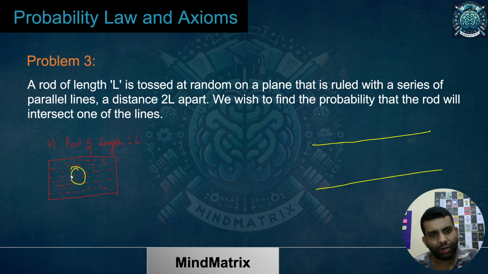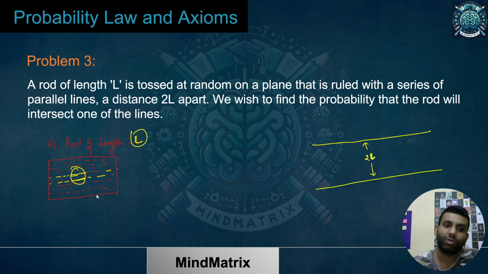I'm talking about this particular portion, these two lines. Because there were a number of parallel lines, I'll just pick one pair, and it is being told that the parallel lines are at a distance of 2L. A rod is already given which has length L, and the distance between the parallel lines present on this plane, table or floor, whatever you want to consider, is 2L apart.